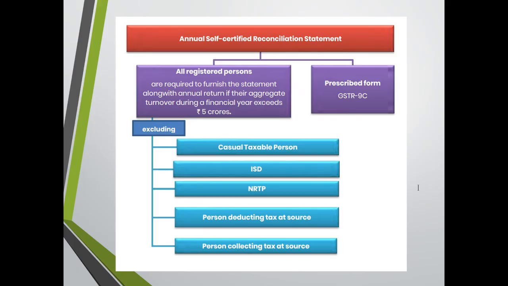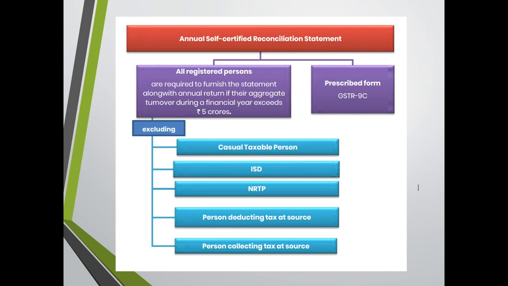If your turnover is less than 5 crore but more than 2 crore, only 9 is required. Less than 2 crore, neither 9 nor 9C is mandatorily required. Even though you are not reaching those threshold limits, if you want to submit, you may continue to file 9 as well as 9C.